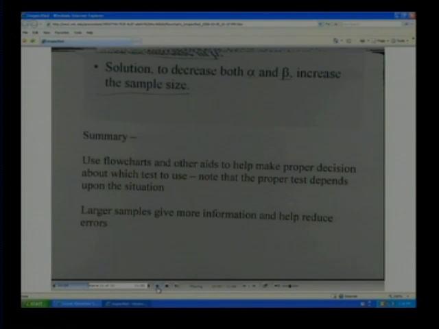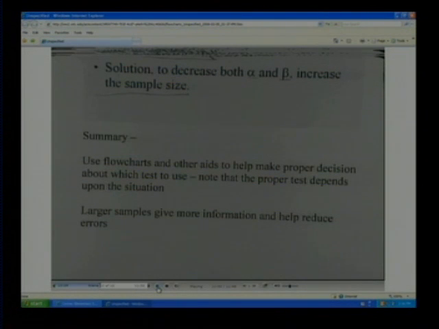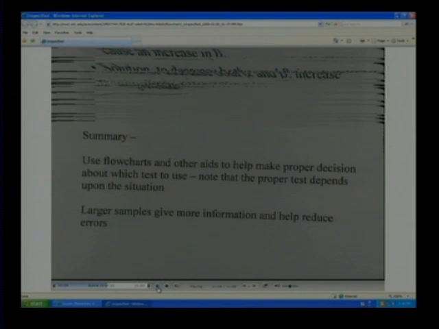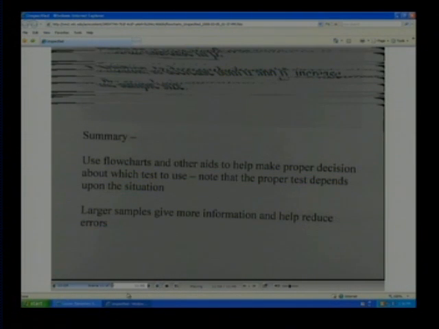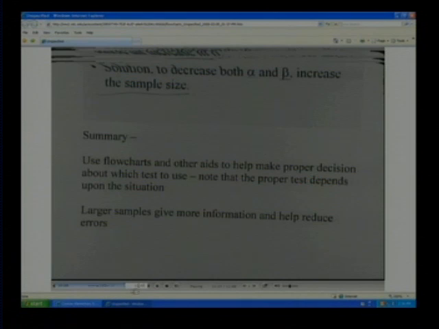But for right now, we just use those tools to help make the proper decision about which test to use. Remember, we want to use the right test in the right situation. We want to match those up. And the proper test does depend upon which situation we're in. And the second thing is that larger samples are going to give us more information, and they're going to help us to reduce the number of errors.